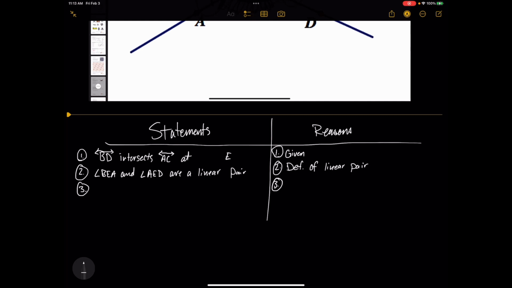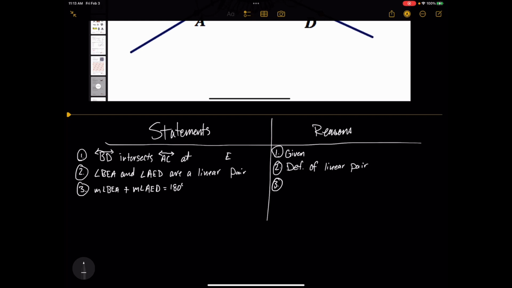Okay, because they are a linear pair, what can we say about them? They add to 180. Very good. But when we get into addition and equality, we can't just say angle plus angle. What do we have to say instead? Measure of angle. Very good. The measure of angle BEA plus the measure of angle AED is equal to what? 180.